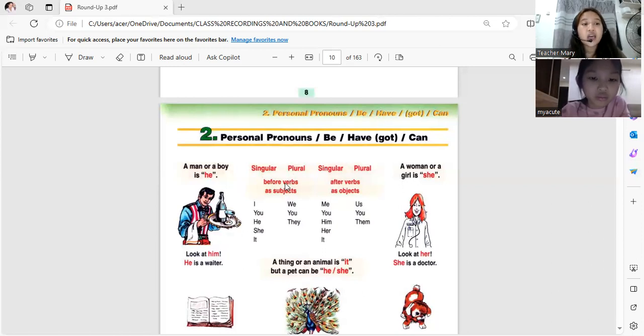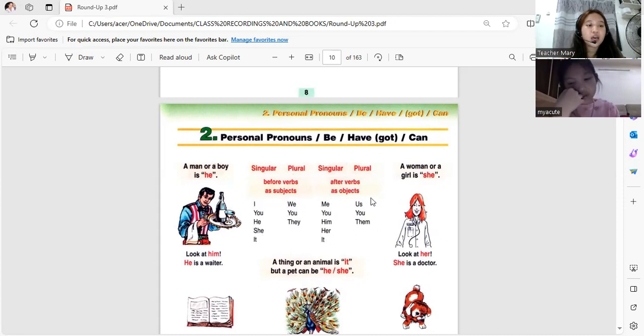Verbs are the action words. For the singular, like I, you, he, she, and it. And for the plural, we have we, you, and they. Very good.